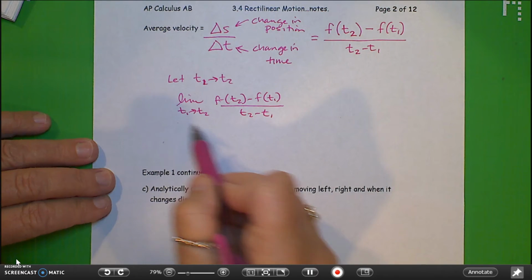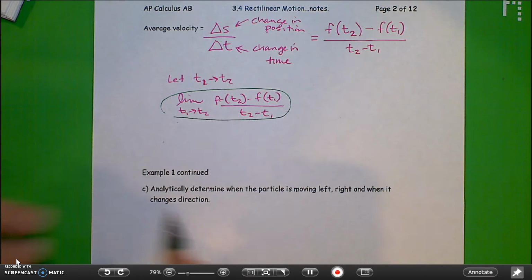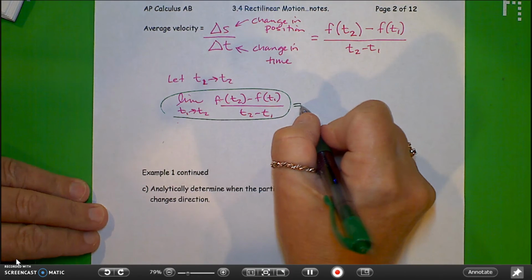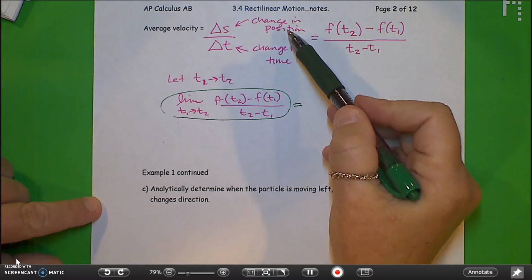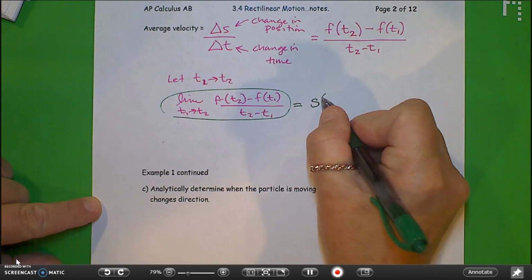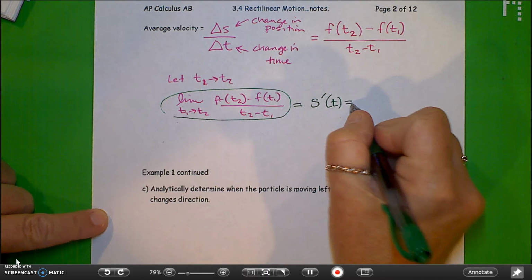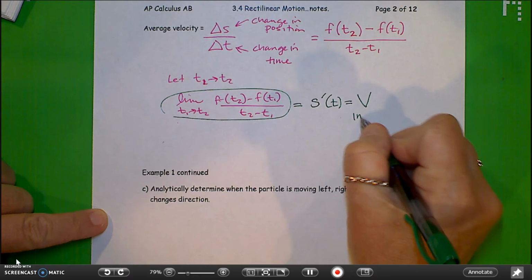And you should recognize this as the form of a derivative. So that actually equals the derivative of the position function. The position function was s, so this would be s prime of the variable t, and that's going to equal instantaneous velocity.